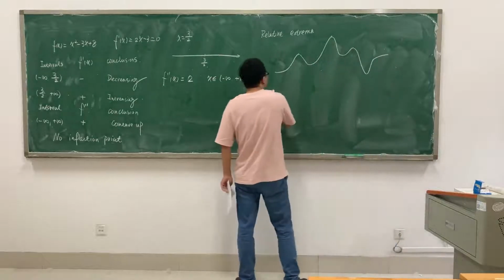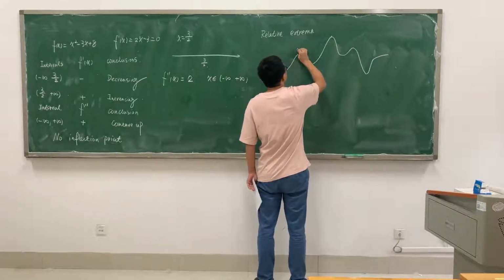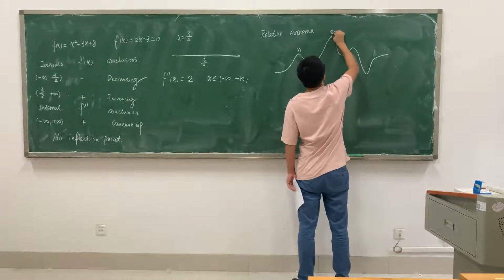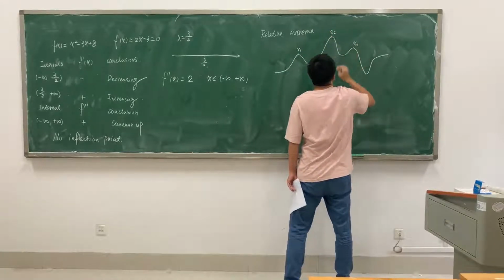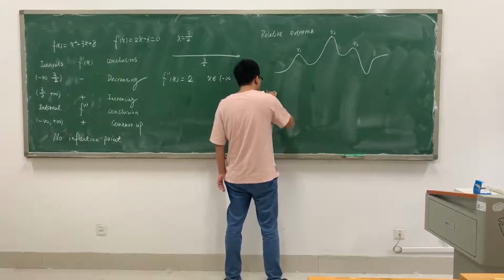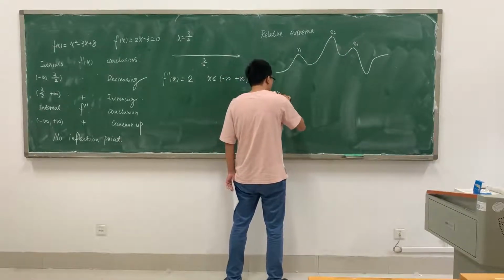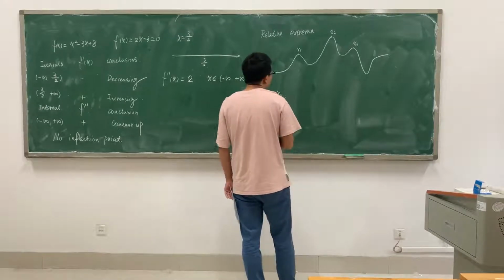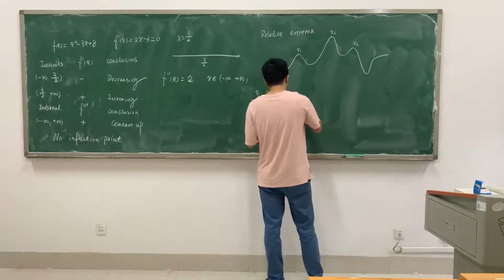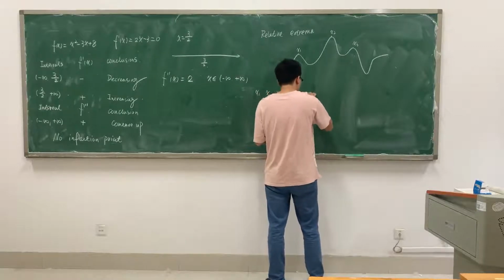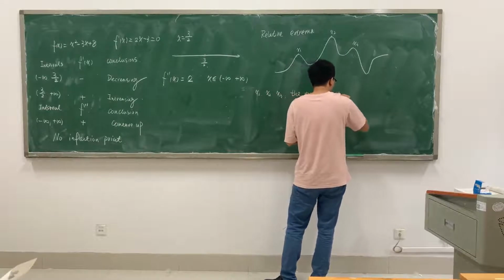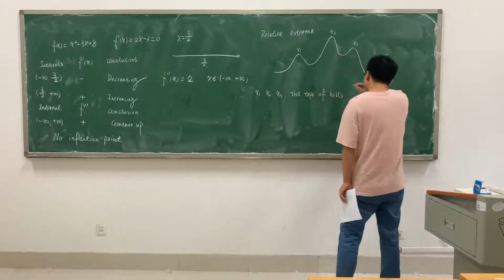So for example, this is x1, this is x2, this is x3. For these 3 points, x1, x2, x3, we give it a name. This name means that it is the tops of the hills.